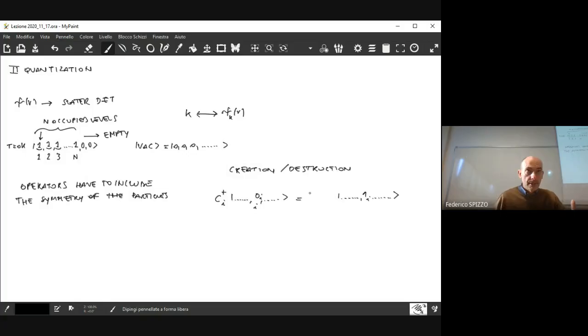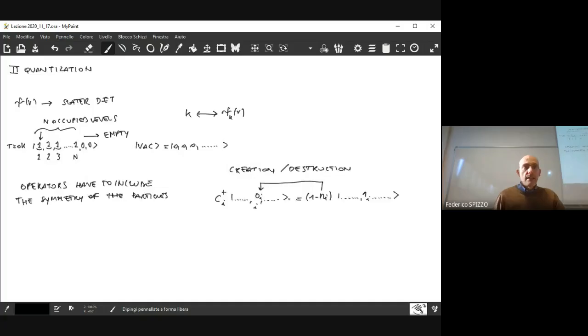We have to guarantee antisymmetry, and we have to guarantee that if that level had been occupied, we shouldn't have the opportunity to have a final value of the vector in case we already have an electron in state I. So to prevent that, here we put a coefficient that is 1 minus Ni, where Ni is the occupancy of the system before the action of the operator.